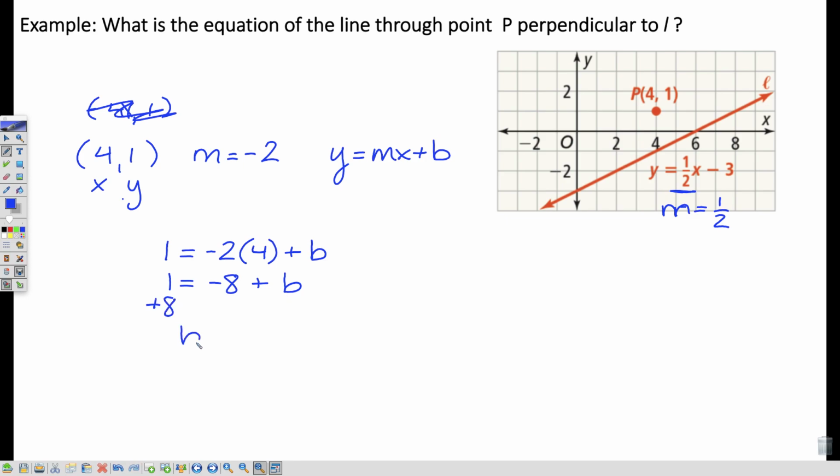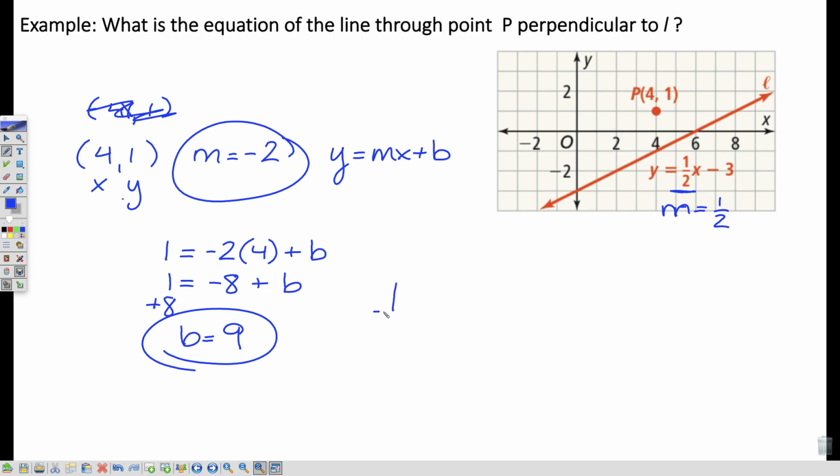So b equals 9. And my slope is -2. So the line that is perpendicular to L is y equals -2x plus 9.